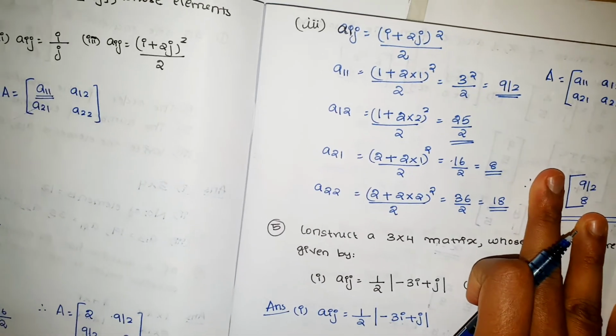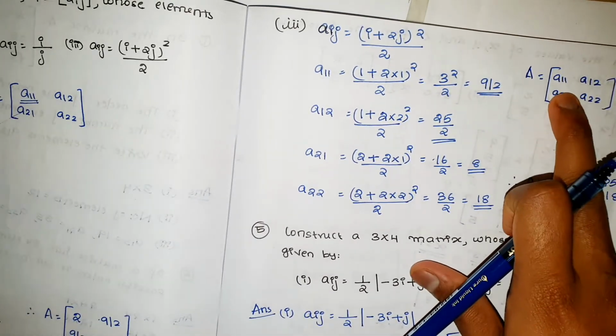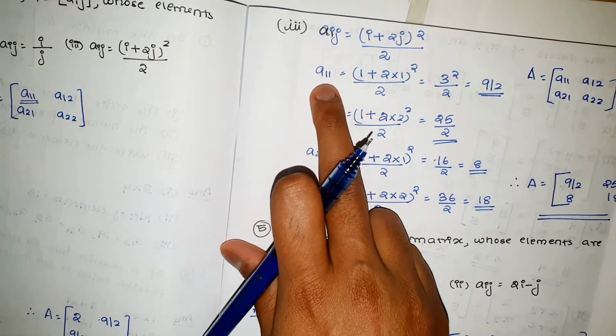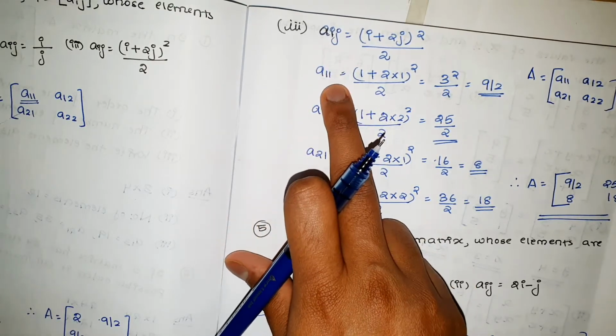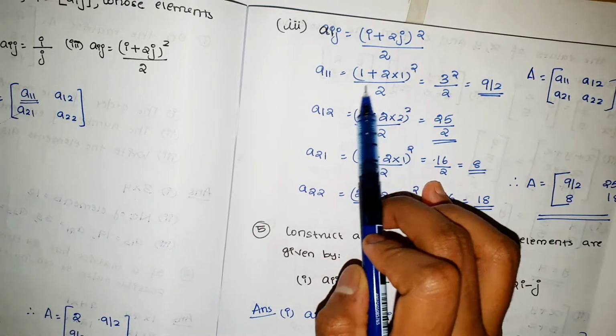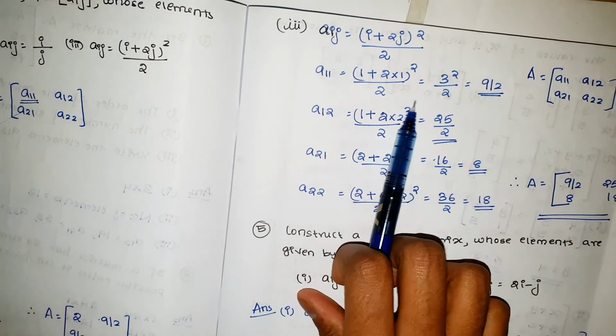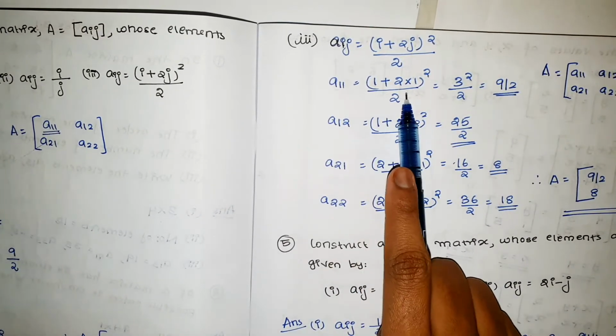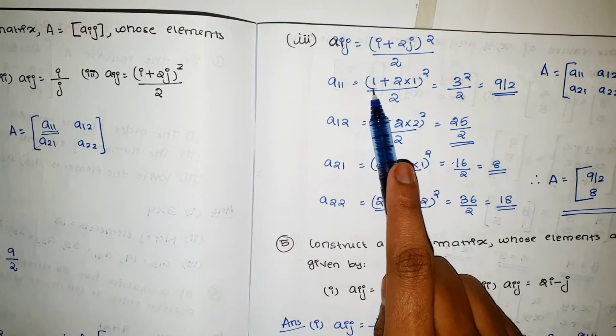So first we can find the first element A11. A11 means instead of i we have to give 1 and instead of j we have to give 1. So this is (1 plus 2 into 1) the whole square divided by 2. Okay, so 2 into 1 is 2, 2 plus 1 is 3.